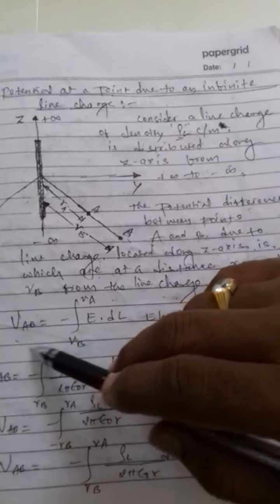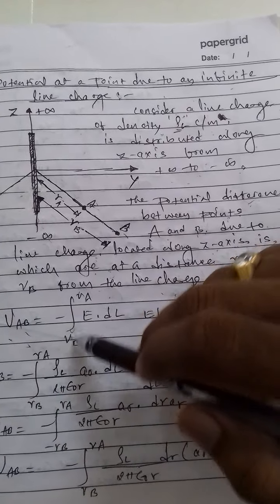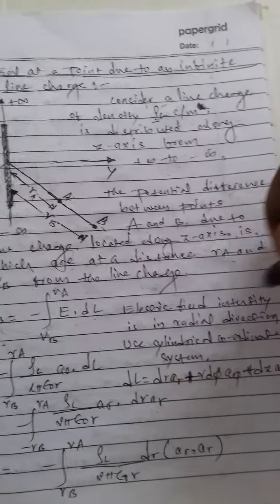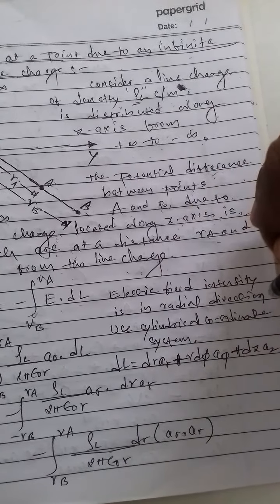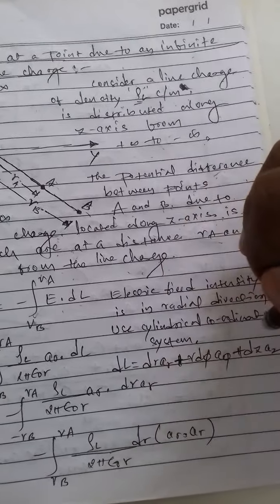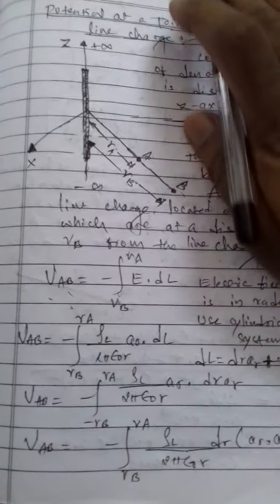So that the potential difference is equal to minus integral RB to RA E dot dl. Electric field intensity is in the radial direction, so use the cylindrical coordinate system.